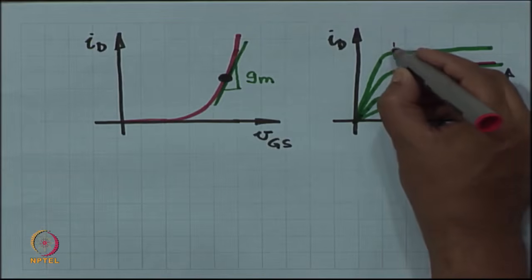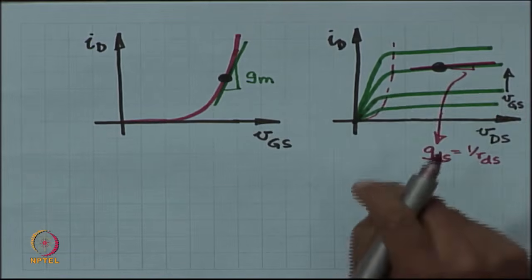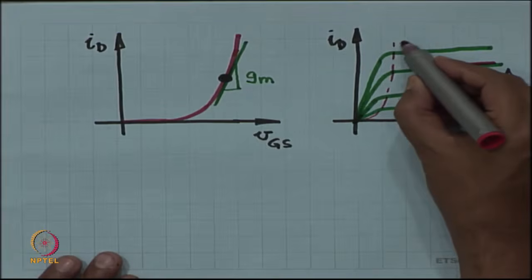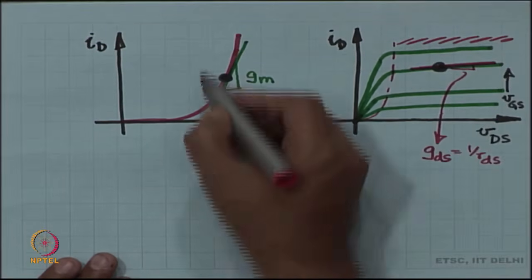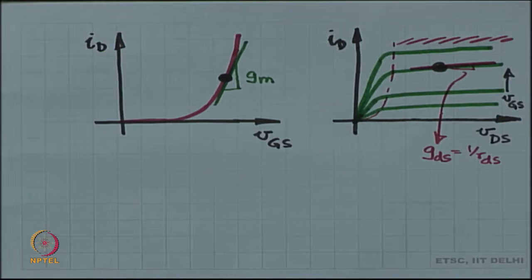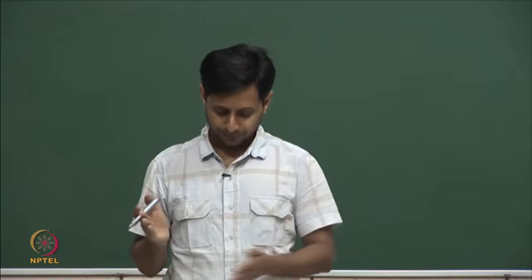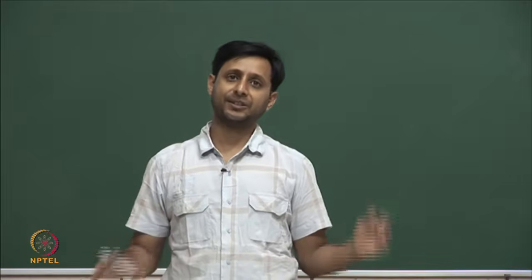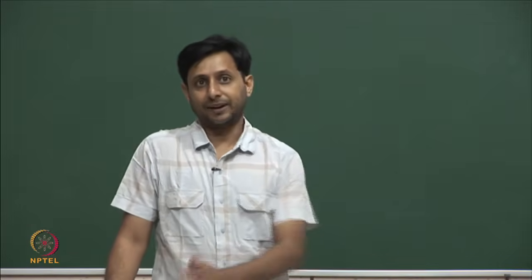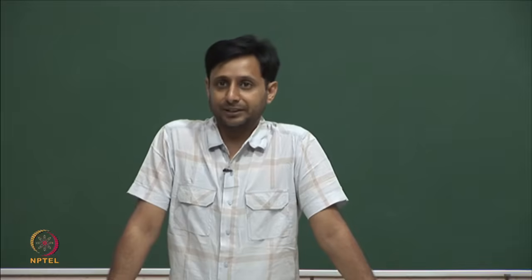If you are located in the flat region of the MOSFET, then only this curve is valid. Otherwise, you will get some other shape, but whatever that shape is, it does not matter. All you have to do is find the slope. You plot the characteristics of the MOSFET and find the slope at that operating point.